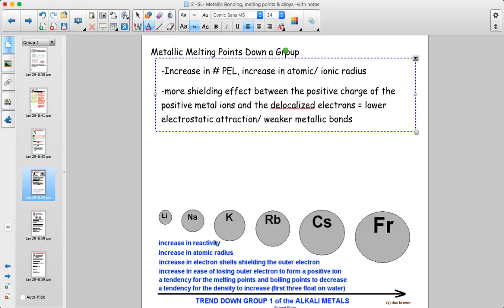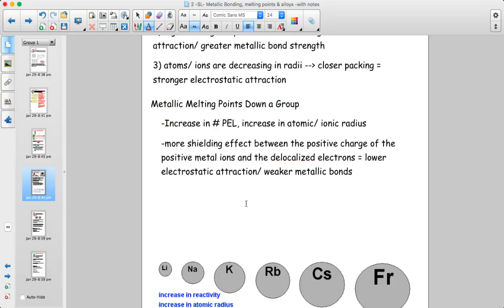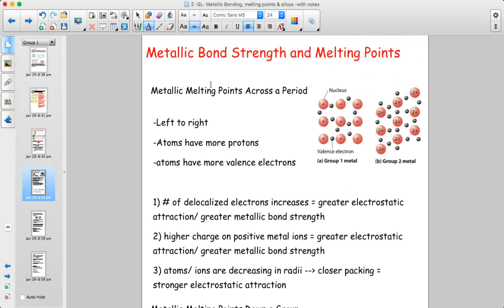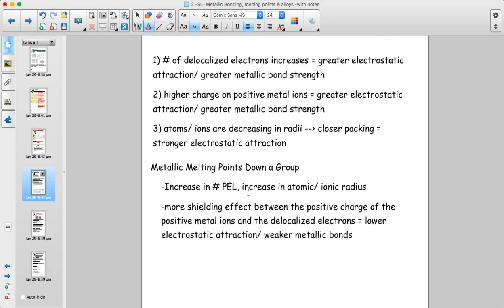There's also increased reactivity that we talked about before, but that's not the trend we're looking at right now. We're looking at the tendency for the melting point to decrease. Those are the best explanations that I can give for these two properties. You need to know melting point across period 3 and down a group, and these are the reasonings behind those trends.